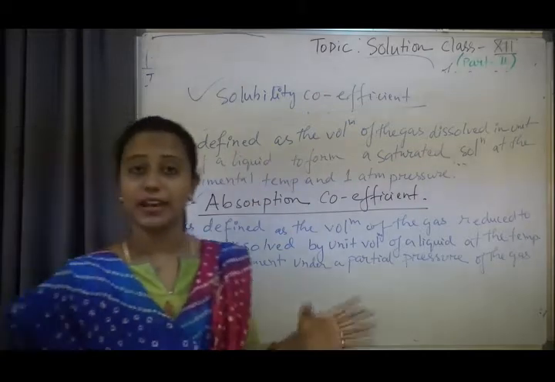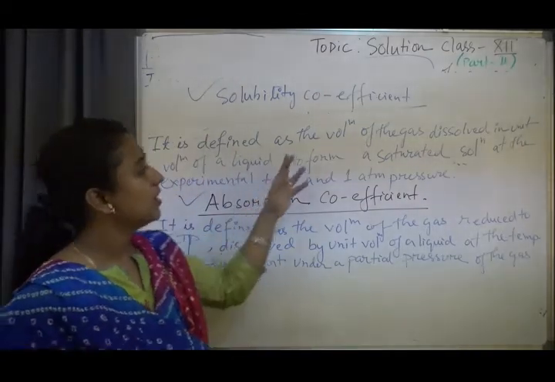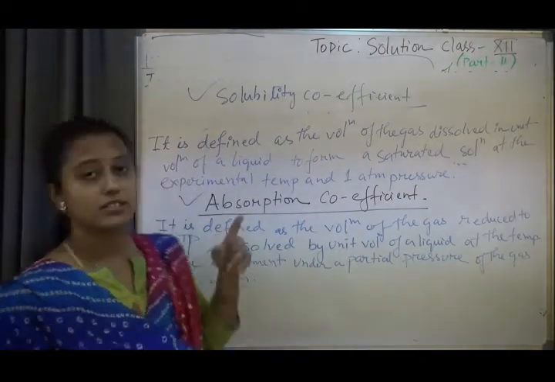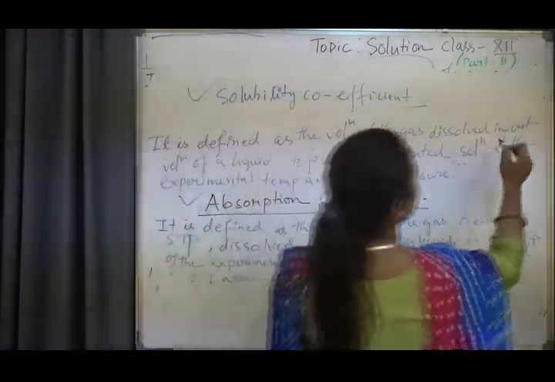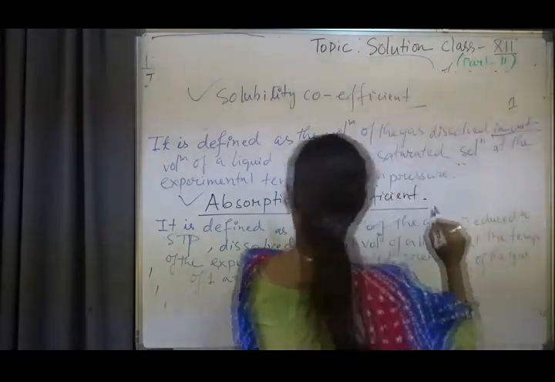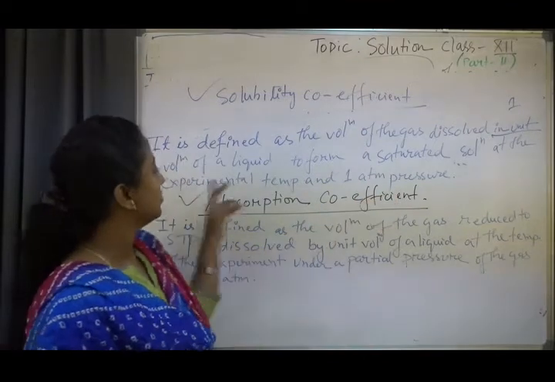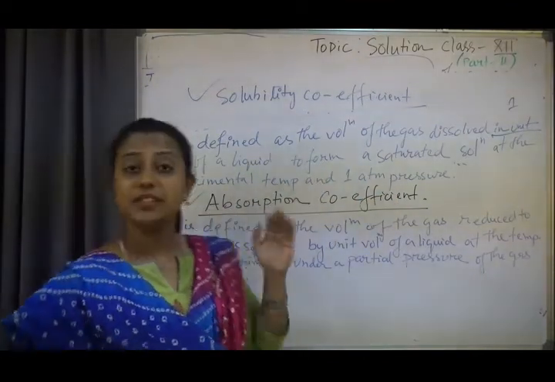What is meant by volume of the gas? It is the volume of the gas dissolved in 1 unit. Suppose 1 molecule of the gas in 1 liter of the solution to form a saturated solution.